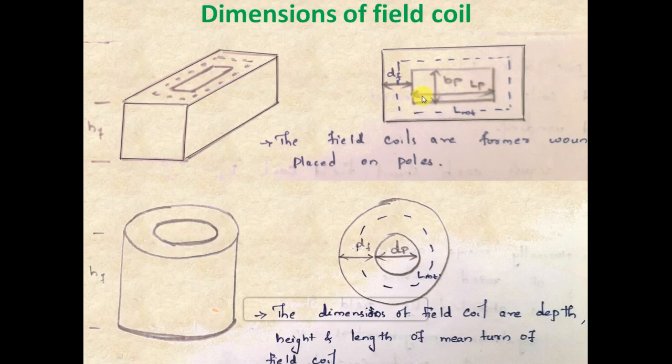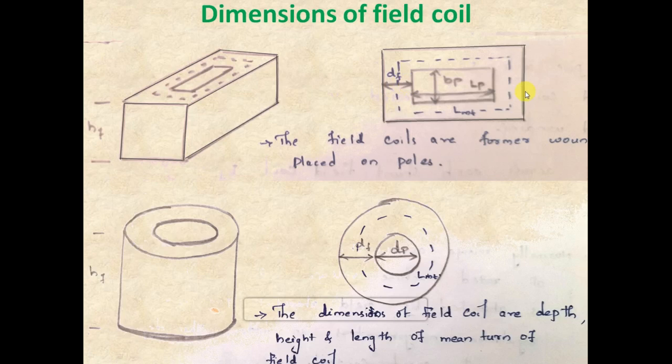You will be able to see very clearly here the dimensions of the pole body are marked. LP is the length of pole body, whereas BP is the width of pole body. Field windings are wound over this pole core, which is rectangular in shape, and the depth of the field winding is shown here.